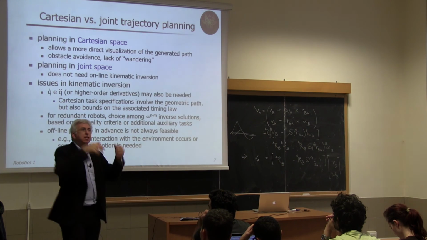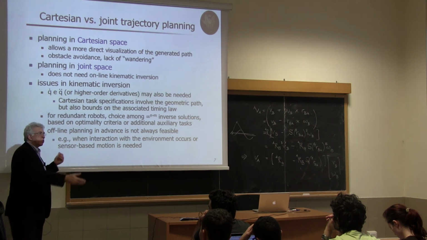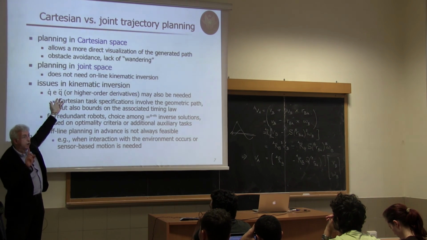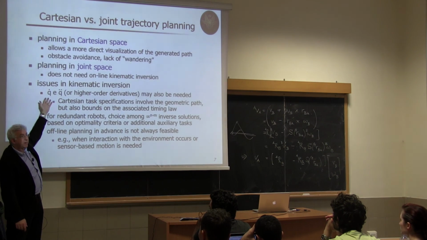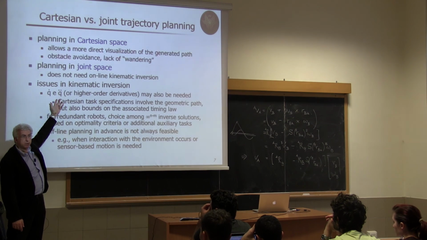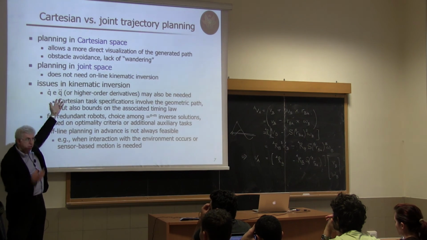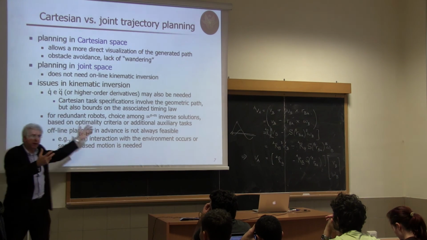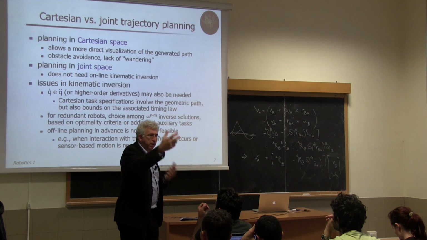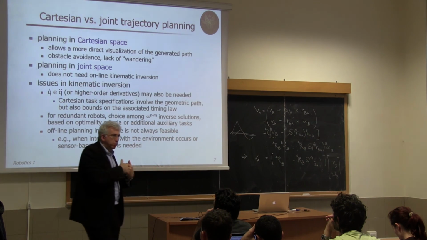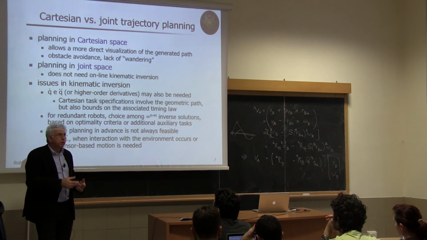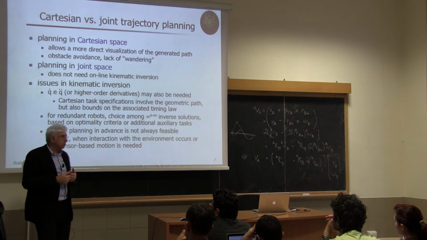So sometimes this inversion problem carries not only the geometric path, but also the timing law in terms of q dot and q double dot, or in terms of variation of q with respect to the parameter s and double variation of q with respect to the parameter s twice, which are geometric quantities. So tangent to the path and curvature of the path need to be inverted from the Cartesian space to the joint space so that we have boundary conditions for the joint path that are coming from the Cartesian space. So pay attention here.